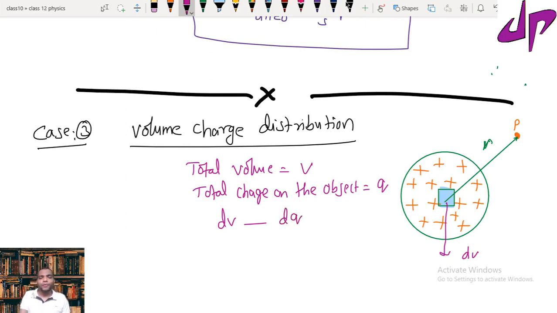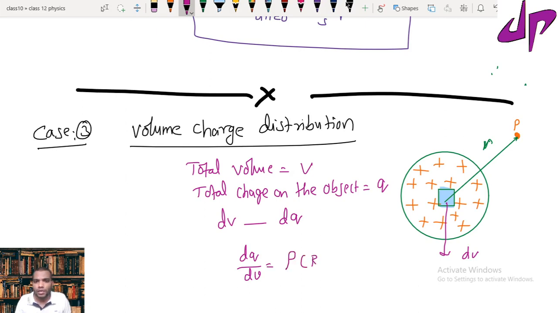Now we define another definition: the ratio of dQ by dV we represent as rho.